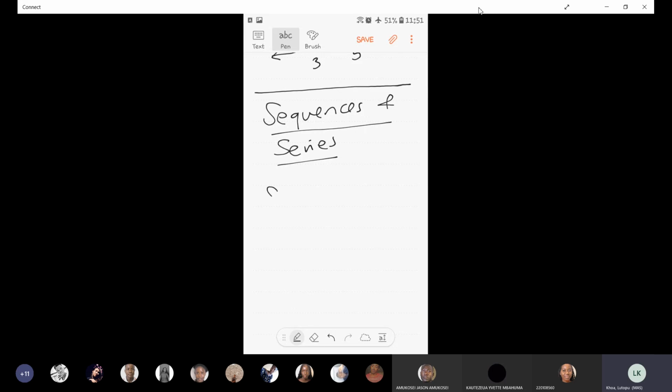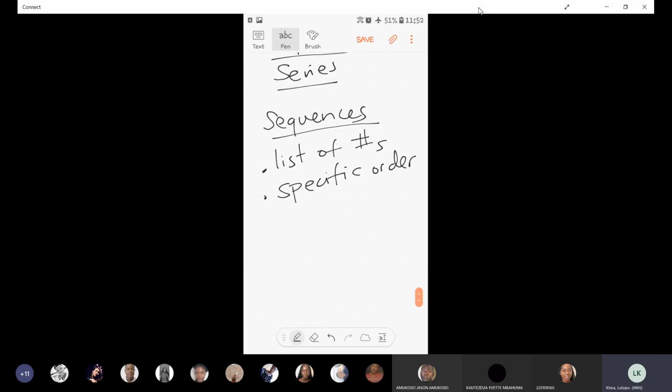So we start with sequences. This is a list of numbers and they are in a specific order. So it's not random, there is a pattern to the way that the numbers are given.